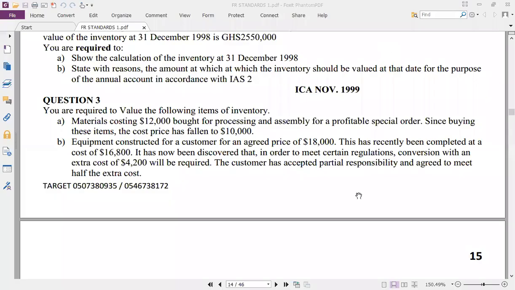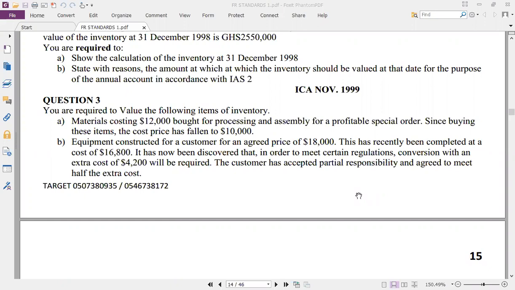Now they are saying that it has been discovered that in order to meet certain regulations, conversion with an extra cost of 4,200 will be required. So conversion costs.